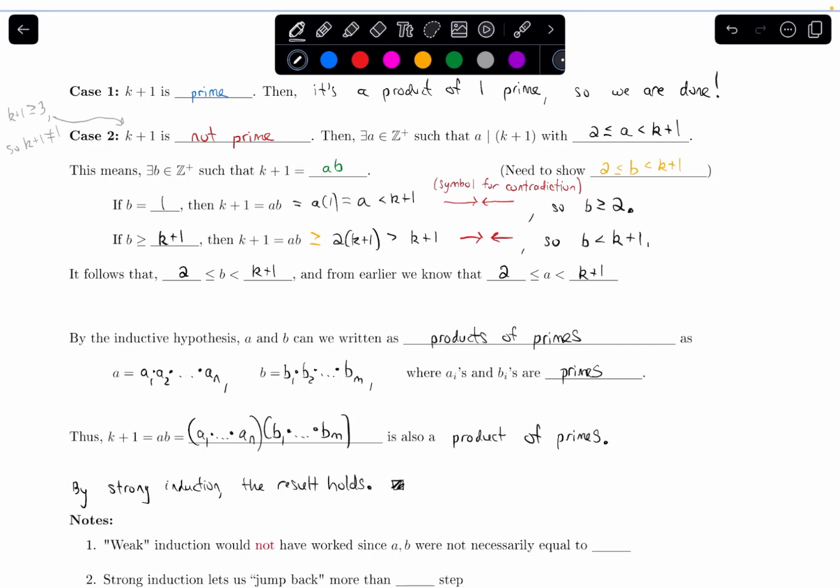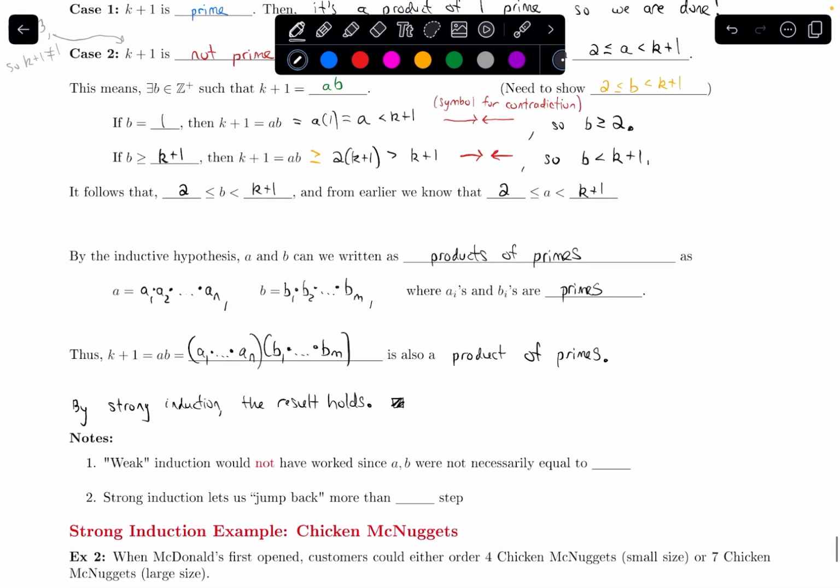Awesome. Okay, so a couple notes about this. The first is that weak induction would not have worked, since the a and the b that we ended up breaking our k plus 1 down to, where k plus 1 was a times b, were not necessarily equal to k. To be able to just use weak induction, I would need these things to be k, but that wasn't necessarily the case here.